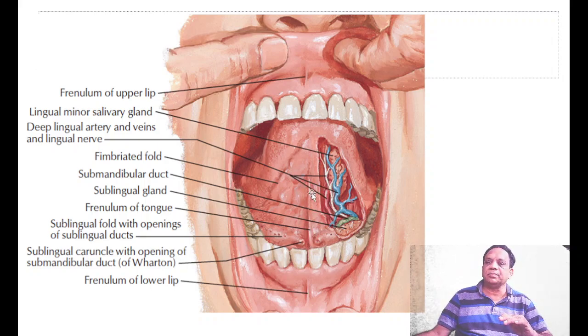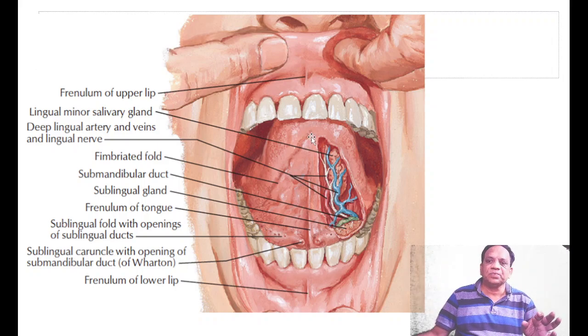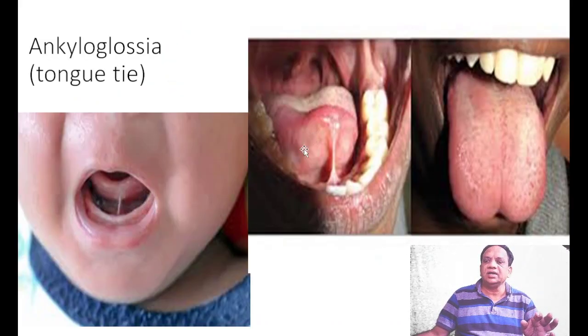Sometimes this frenulum may extend up to the tip of the tongue, which causes difficulty for the tongue to move. That's what we call ankyloglossia, or simply tongue tie. So this is the condition what we call tongue tie, where the person will face difficulty in speaking.